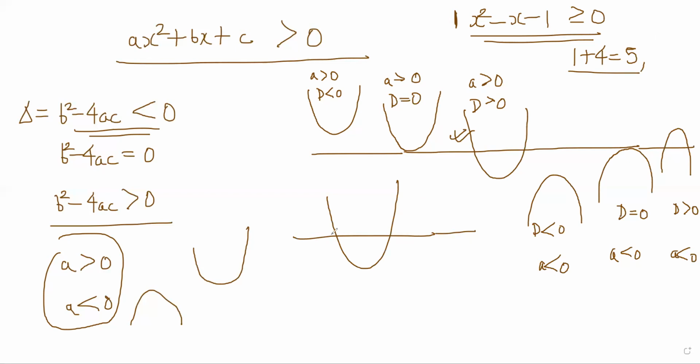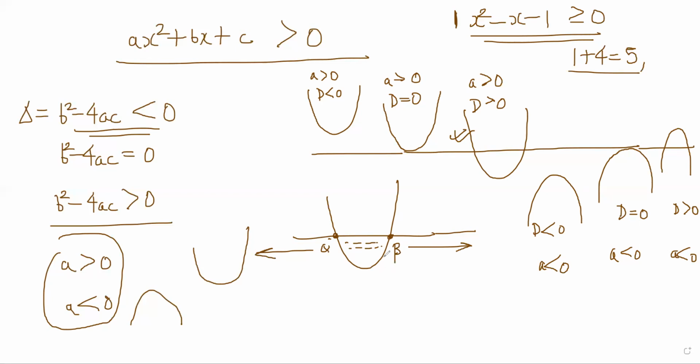Correct. And the roots can be easily found by the formula. So you know these 2 points, right? Once you have the graph here, you know what has to happen for y, which is the whole expression, to be positive. For the whole expression to be positive, you have to be beyond the upper root or below the lower root, right? If you are in between the roots, your expression is negative, right?